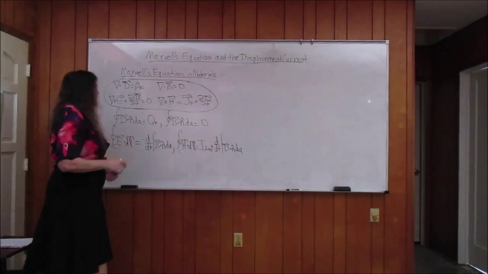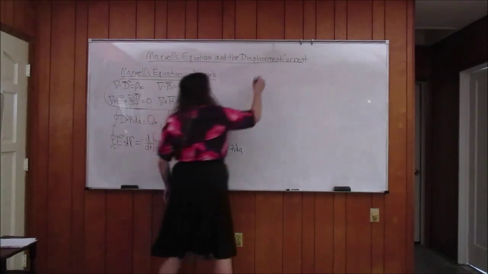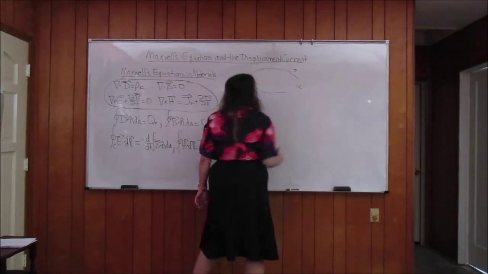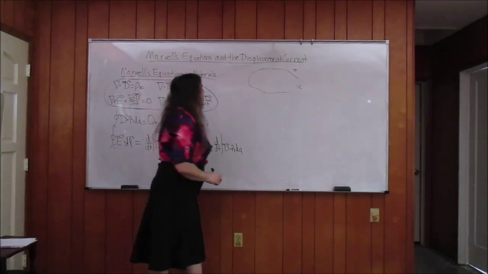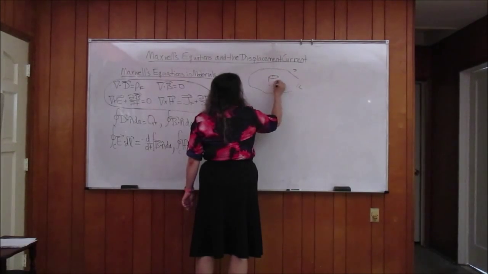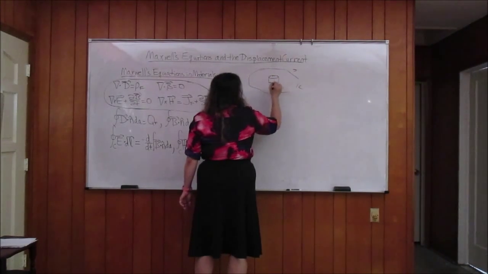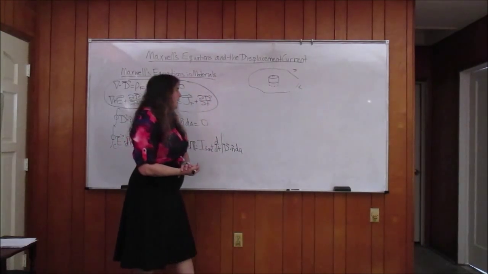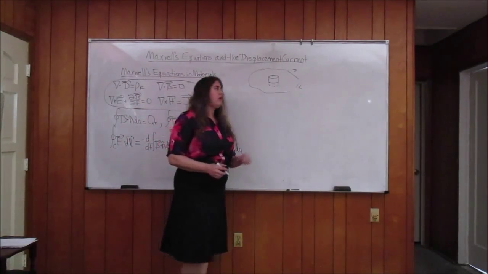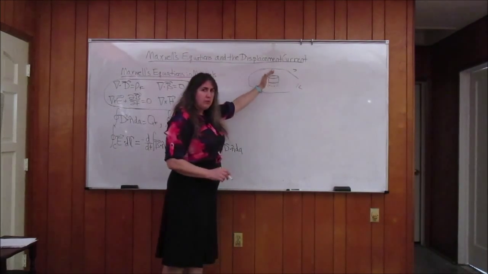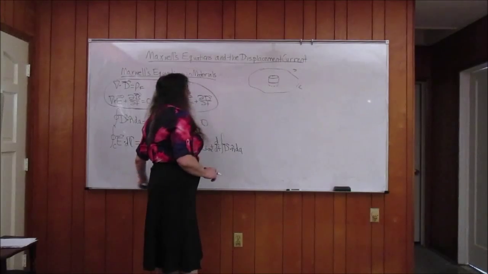Okay. Now I want to sketch out here our interface between two different substances. And I'm going to draw a little Gaussian pillbox. I'm going to make this pillbox very, very thin. In that case, the side will contribute nothing, and I just need to worry about the displacement and the electric field above and likewise below.